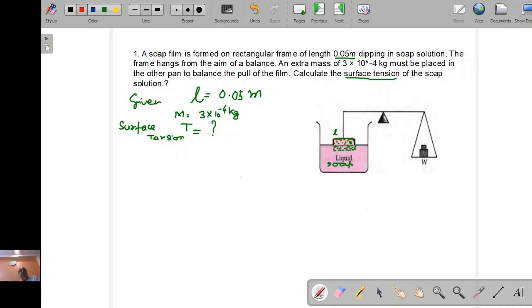Now what is given? The length of the frame, the mass to balance this frame, and T is the surface tension. So first we have to find the force on the left wing because of the surface tension. We know force upon length is the surface tension.